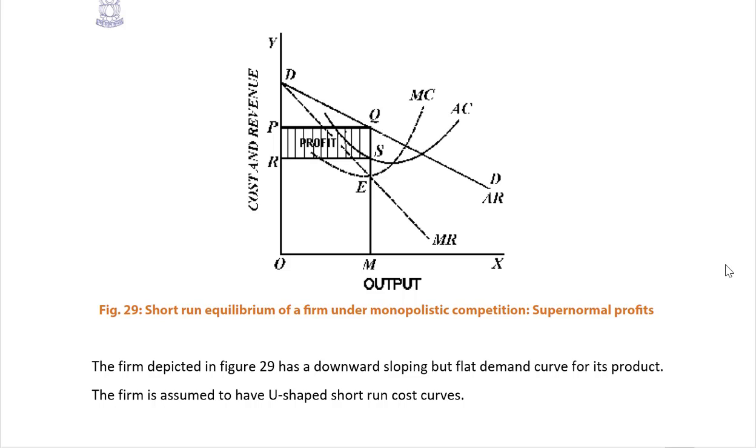As you can see in this diagram, the firm attains equilibrium at OM units of output and OP price. Here the quantity is OM and the price is OP.